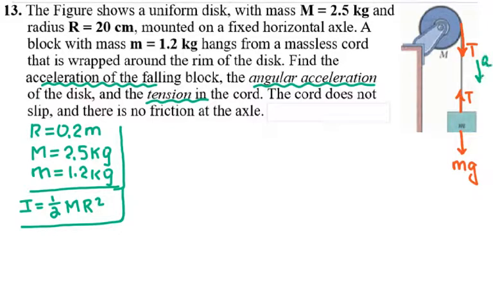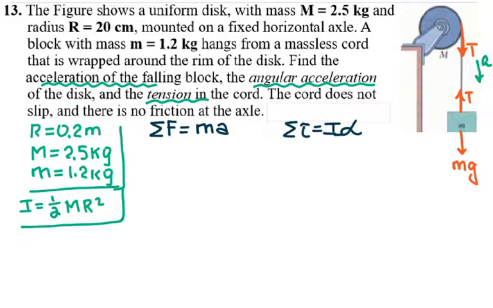In this case, the mass of the pulley is not negligible, so we have to count the mass to solve this question. I'm going to start by saying that the sum of all the forces is equal to ma, and the sum of all the torques is equal to inertia times acceleration.